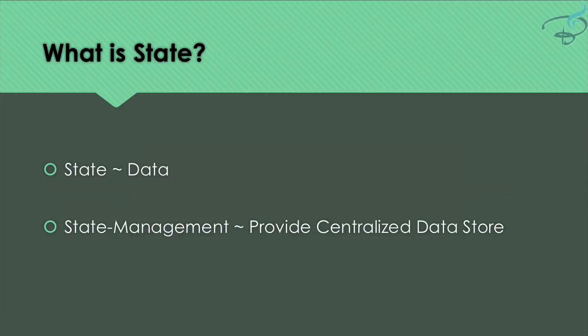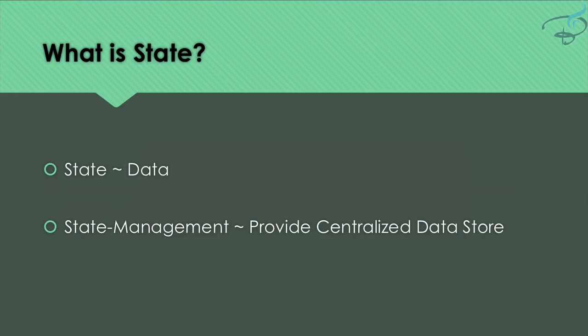Think about this. We have 4 components, so 4 components have 4 different sets of data. But it may be possible that 2 components have the same kind of data, so you have 2 copies of the data. But what if you have a centralized system, one file where all your data is situated, and all 4 components can access that data from the centralized file?